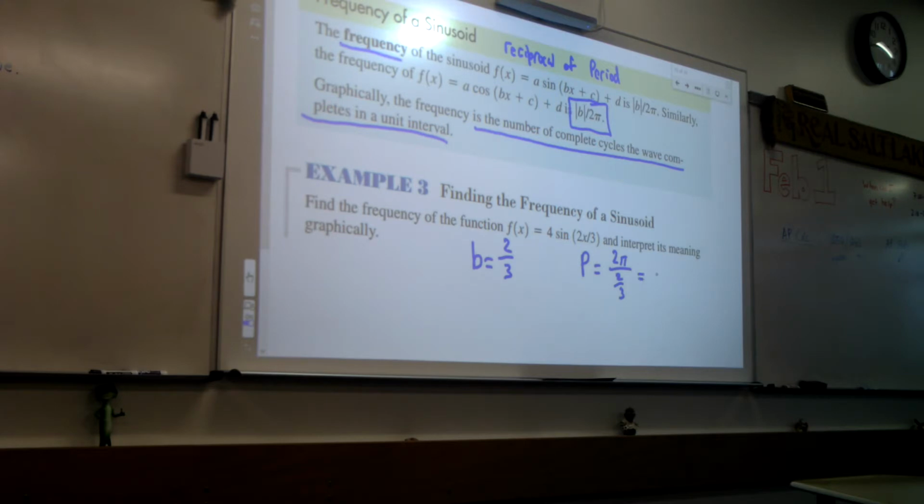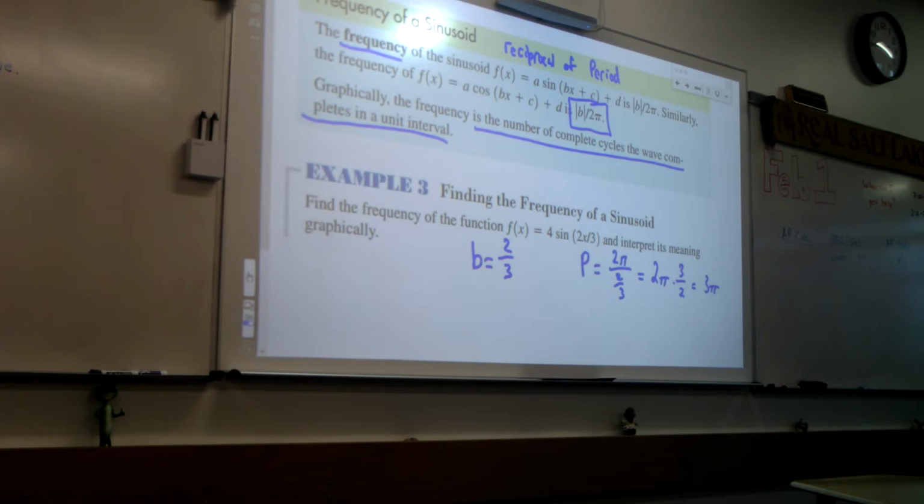Which if we keep change flip, multiply by the reciprocal, that's going to be 3 over 2. And the 2's cancel, so that's just 3 pi. That's what we're used to seeing. And we would say, okay, that means it takes 3 pi to complete one cycle.